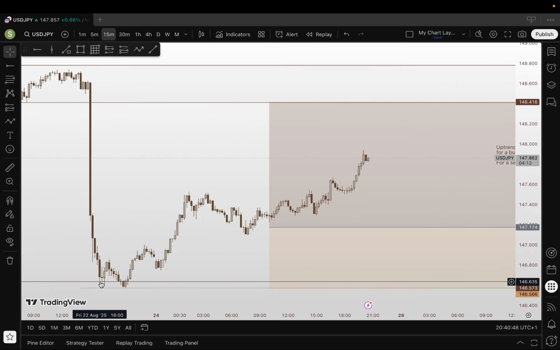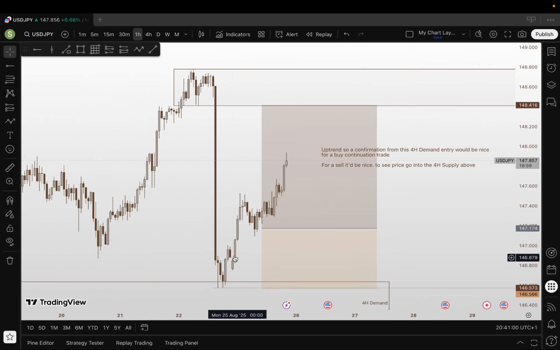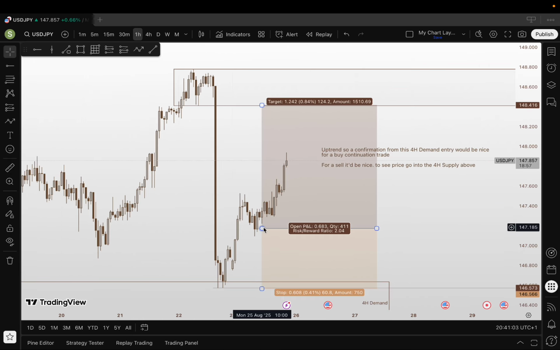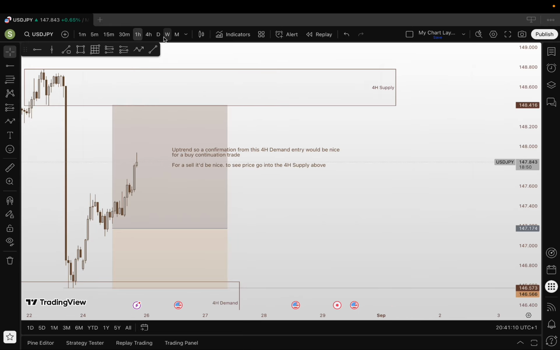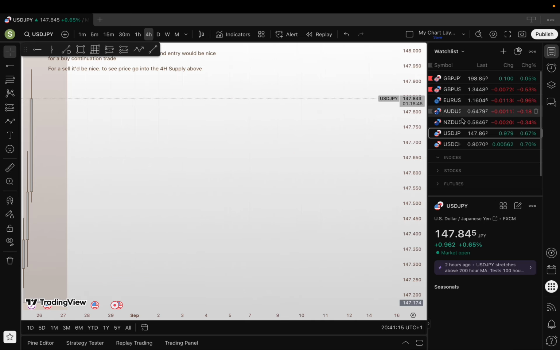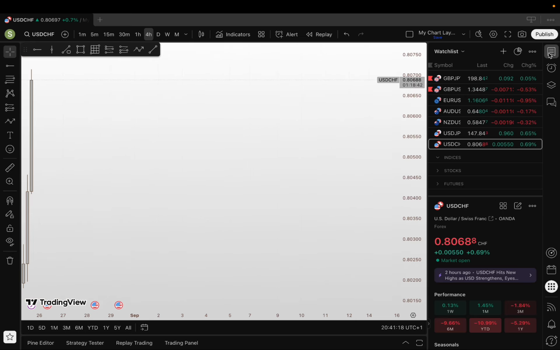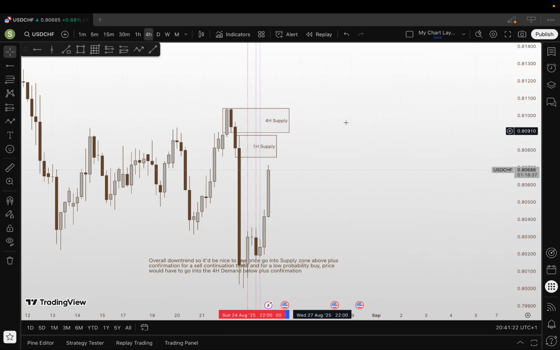The demand here gave this 15 minutes break of structure. So I considered it valid. Gave this 15 minute break of structure. Wanted to enter off this retrace up here. So this 4-hour supply zone, that would have been a good trade to take, but I did not take that trade. USD/CHF, the same buys, did not take it, almost at 1-hour supply.